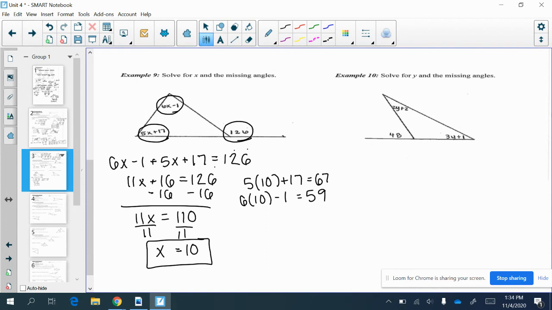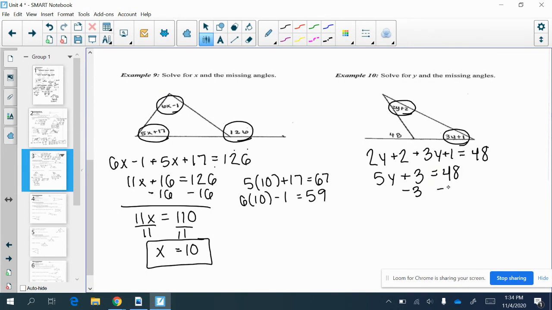All right, so the same thing, add them together and set it equal to our exterior angle. So that means that 2y plus 2 plus 3y plus 1 should equal 48. So 5y plus 3 is equal to 48. Solve.